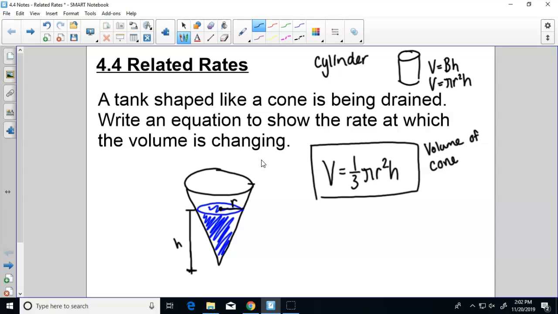Now, in most cases, we want to know the derivative with respect to time. Because as we watch the water leak out of this cone, that is all transpiring at a certain time, right? The longer the water has been leaking, the lower the water level is going to get, the less water you have in the cone.